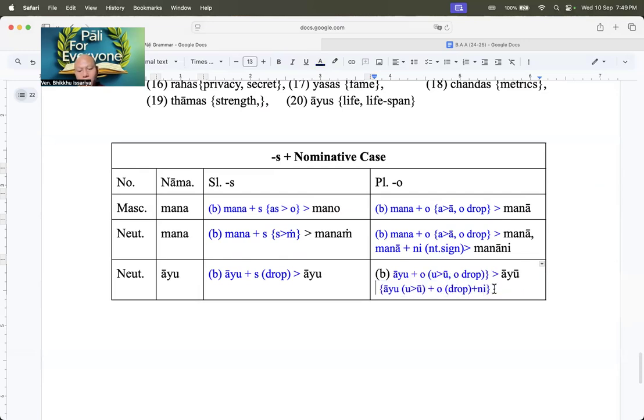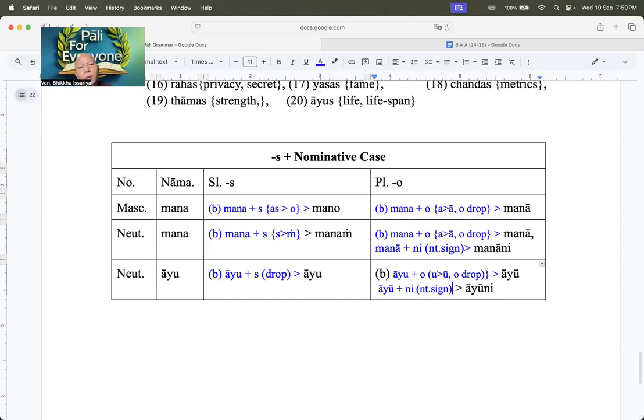And the second form is RU-ni. So to the RU, neuter gender plural sign ni is added. In this way it can be understood how it is formed. So that is why RU-ni, RU-ni.